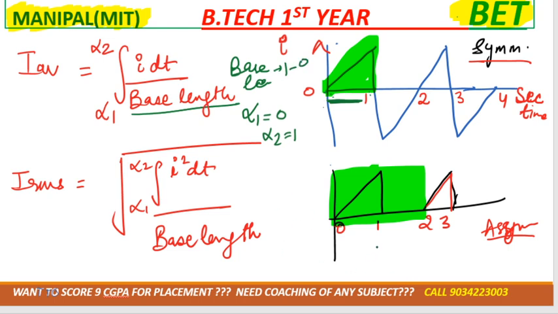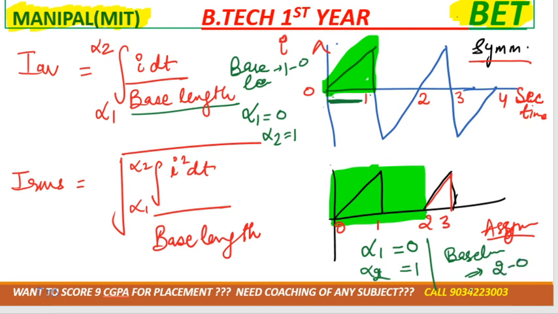Okay. Now see, similarly for this case, in this case also we'll have alpha 1 is 0 because it starts from 0 and output comes up to 1. So alpha 2 is 1, but there is a change in the base length as we have to take the complete output. So its base length is how much? 2 minus 0.